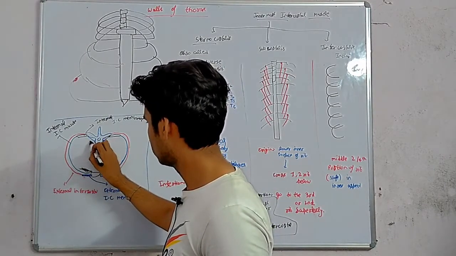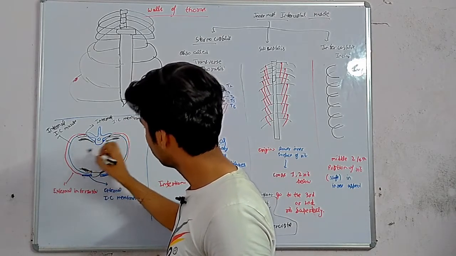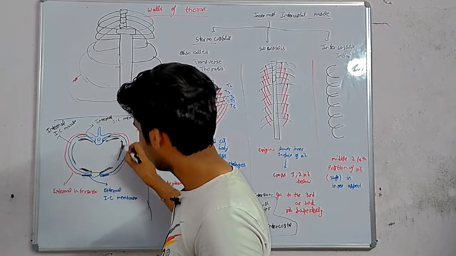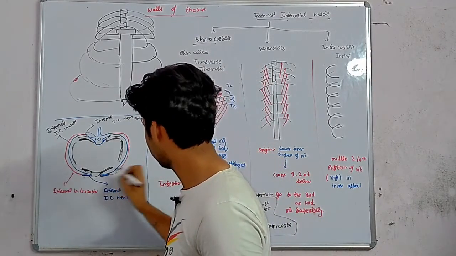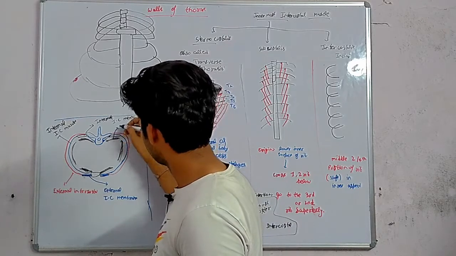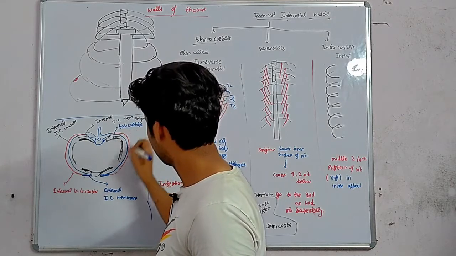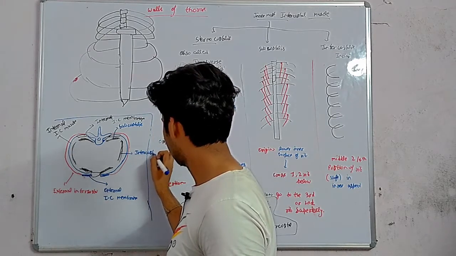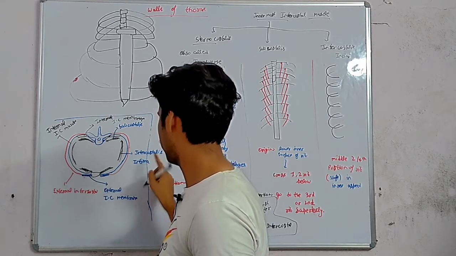In the posterior aspect, this is subcostalis, and this is the innermost intercostalis intimi, also written intima.